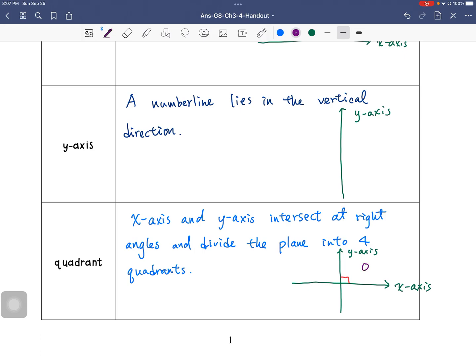So this is quadrant 1, this is quadrant 2, this is quadrant 3, this is quadrant 4. So I got 4 quadrants: 1, 2, 3, and 4.